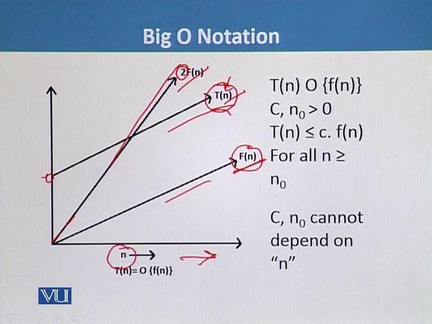So we can say in mathematics that eventually T(n) should be bounded above by a constant multiple of f(n). We see that there exist two constants, c and n naught, and both should be greater than 0. c quantifies the constant multiple of f(n), and n naught quantifies sufficiently large, the threshold beyond which c times f(n) is an upper bound on T(n).